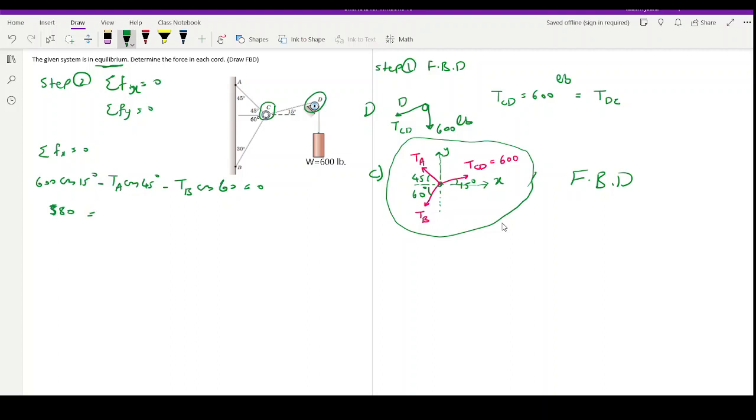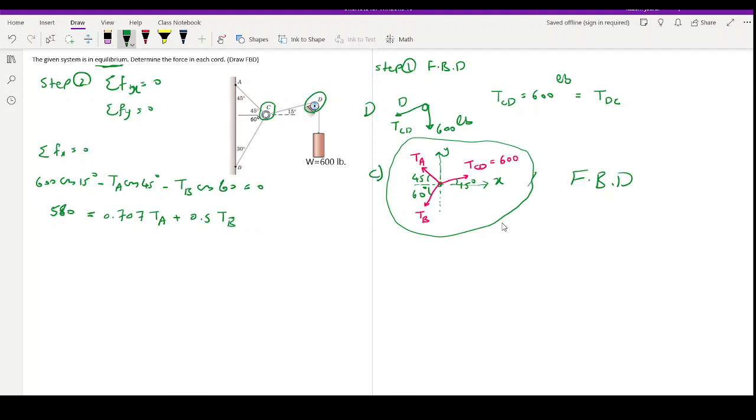That's going to be equal to, because these are negative, both of them become positive as we move them to the other side, 0.707 TA, cosine 45 is 0.707, plus 0.5 TB, cosine 60 degrees is 0.5. This is my first equation. So 580, I write it again.